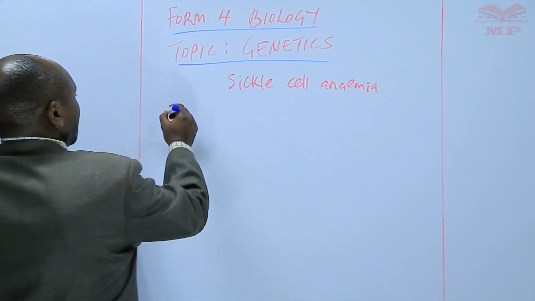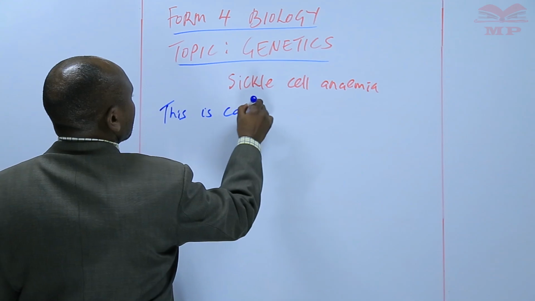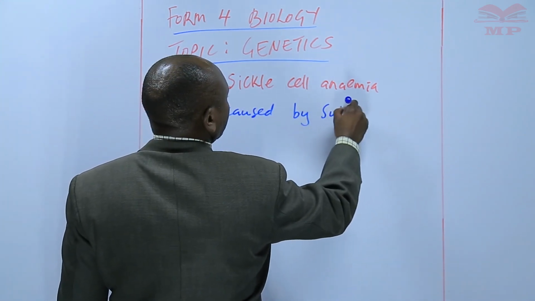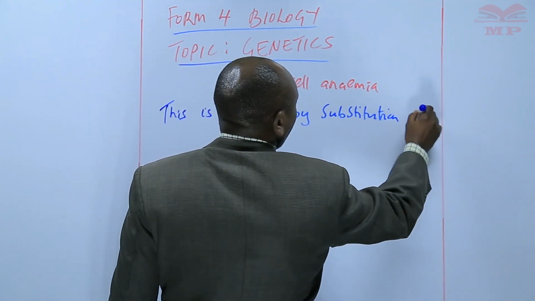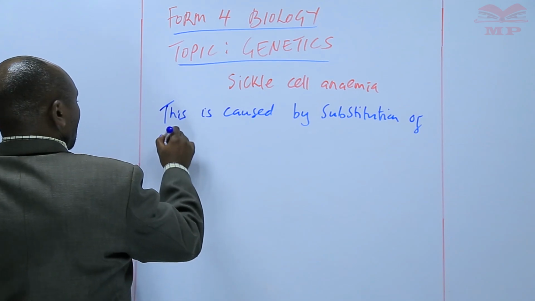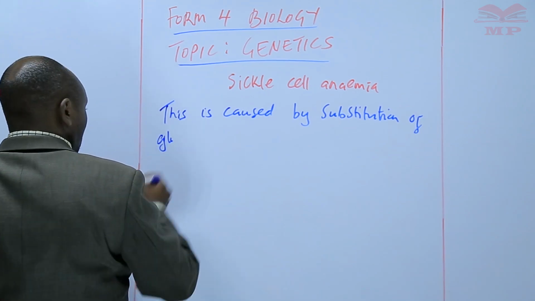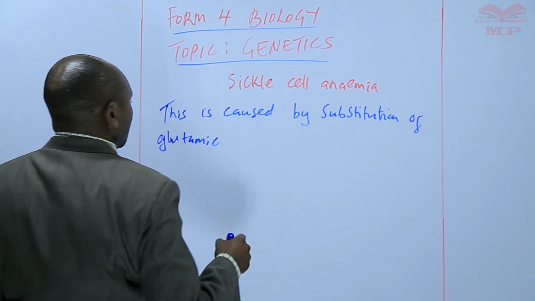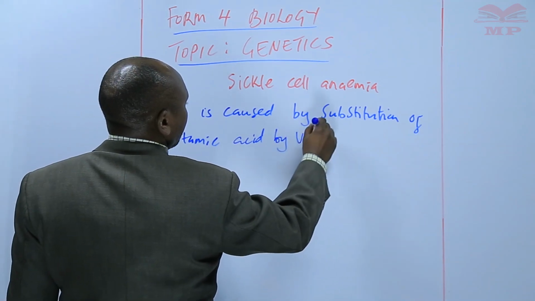So you can say that sickle cell anemia is caused by substitution of a certain amino acid called glutamic acid by valine.